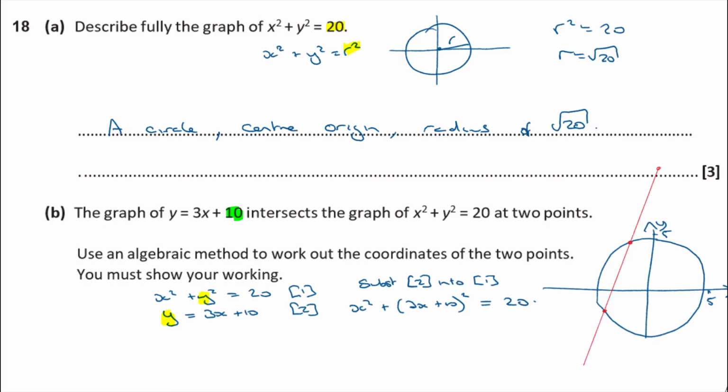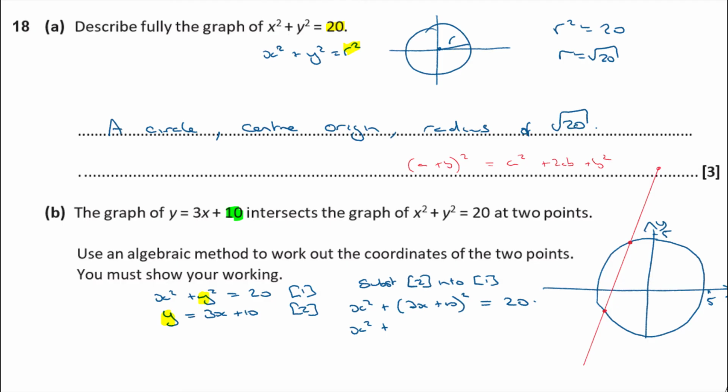So just multiplying out that bracket, I'm going to get x squared plus, now I'm going to be using the perfect square identity to multiply this out in my head. So I know that (a plus b) all squared equals a squared plus 2ab plus b squared. I just remember that as an identity, and so it just makes expanding these a little bit quicker.